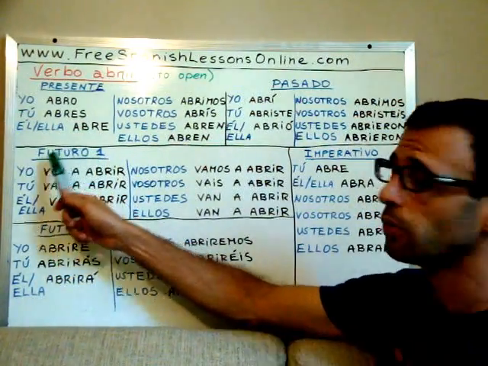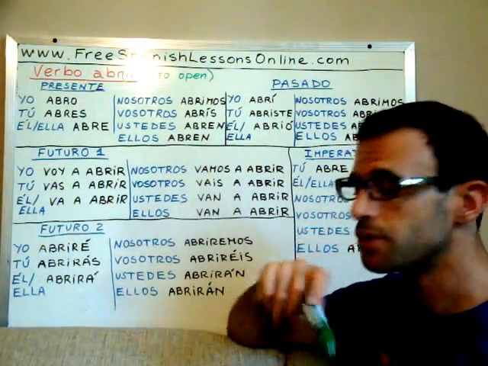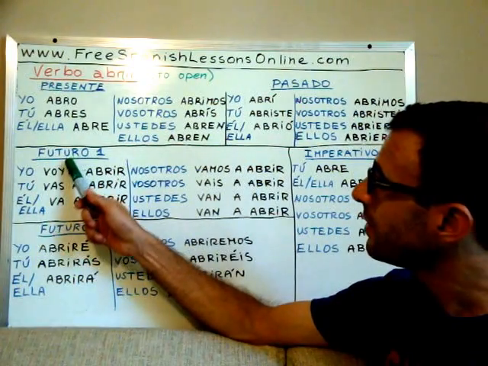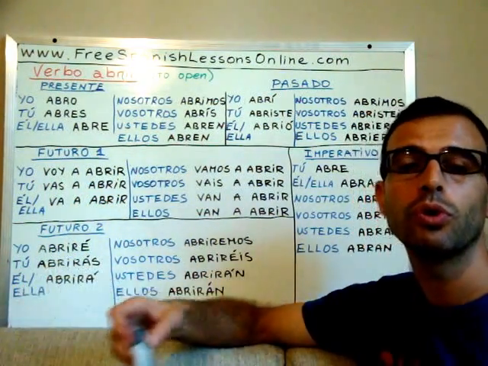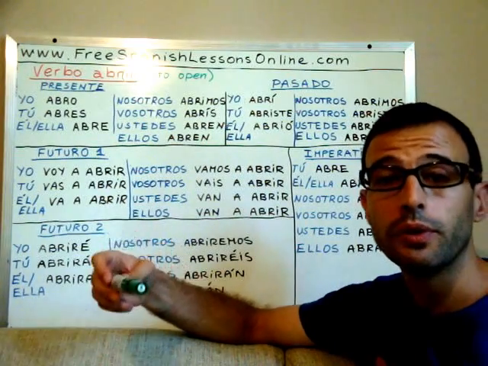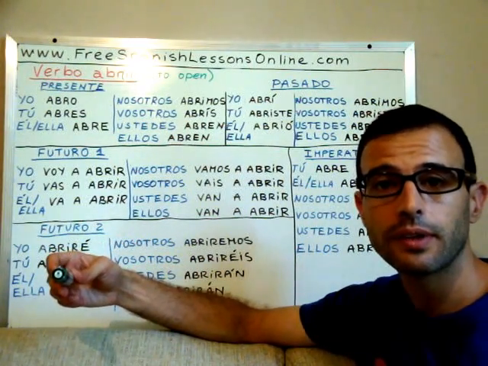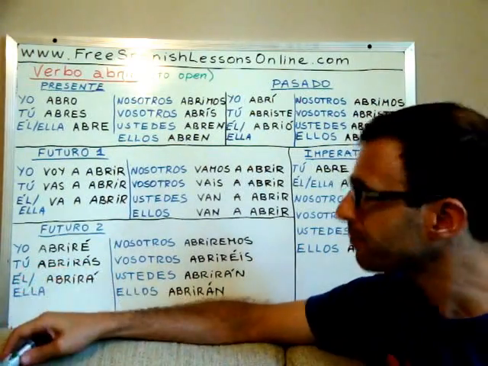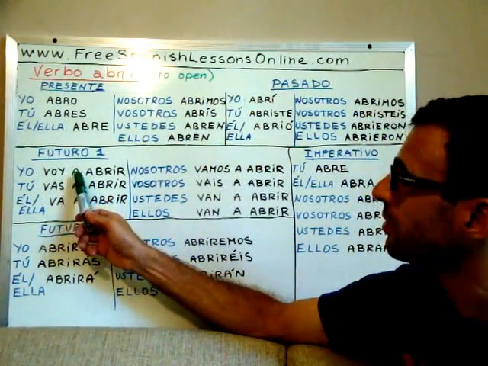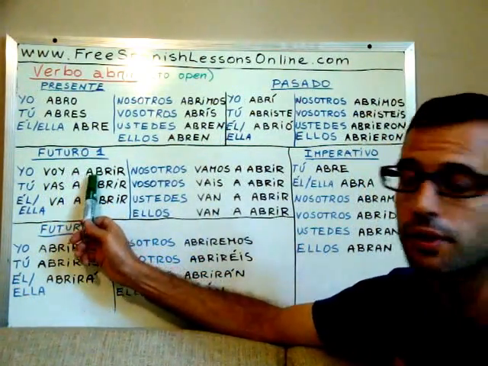The other one, the one I've been encouraging you to use, is similar to the future tense in English, where we use the auxiliary verb will, and then the verb in infinitive, okay? So in Spanish, this future tense is very similar.